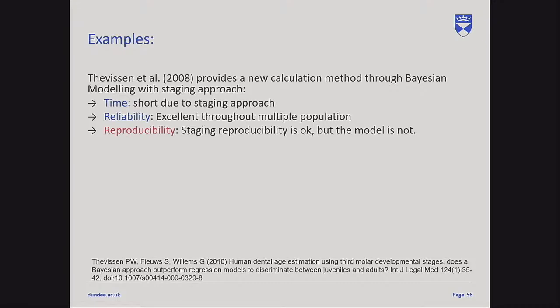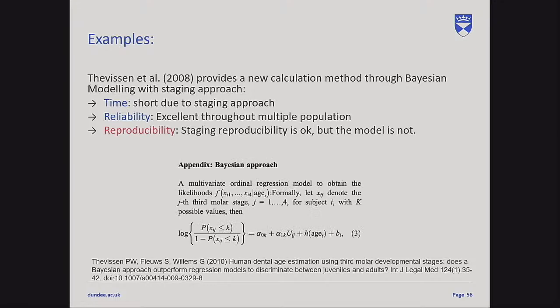But come on, the reproducibility of staging is okay, but the model is not. Imagine that you are in a disaster, out in the sun photographing something, everything stinks, and you need to calculate this. Who wants to do that? No one. So the model reproducibility is not really that good.